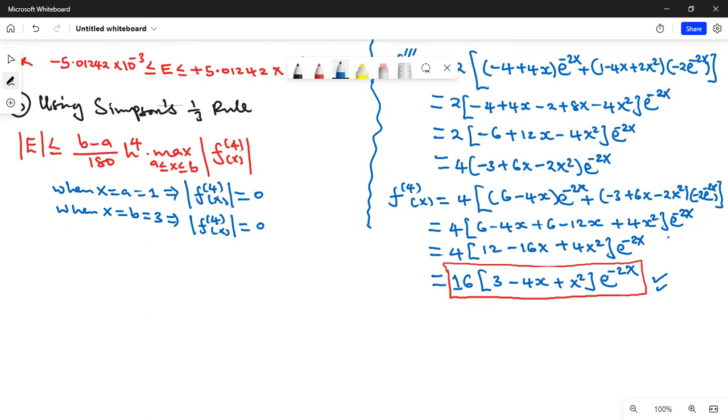And once you know the turning point, you can find the value of this fourth derivative at that turning point.